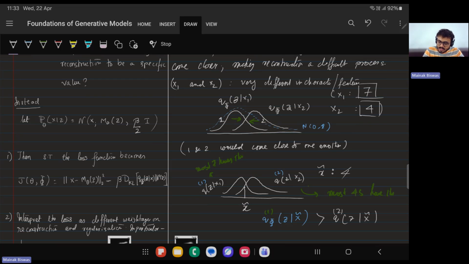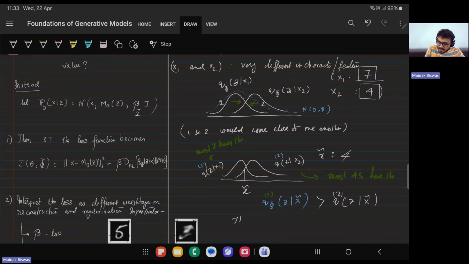So which means there is a chance the latent looks more like a 7's latent.